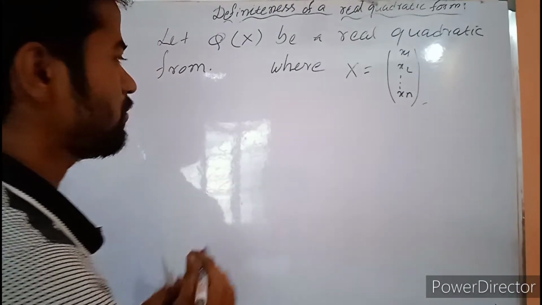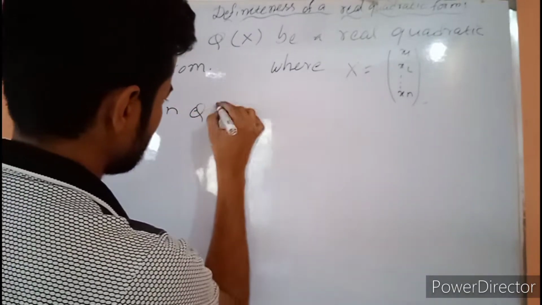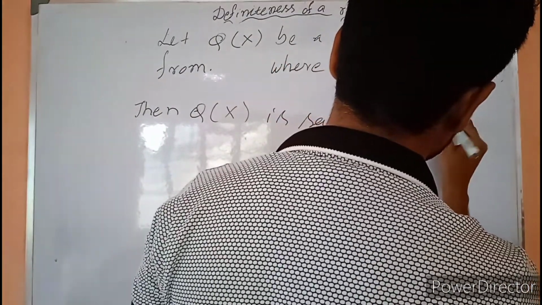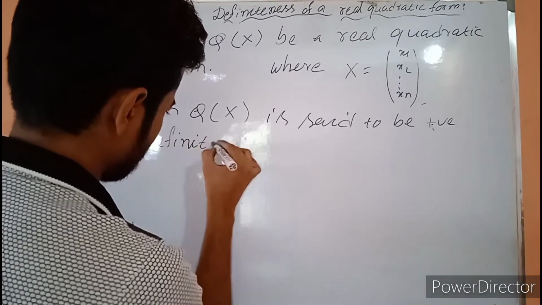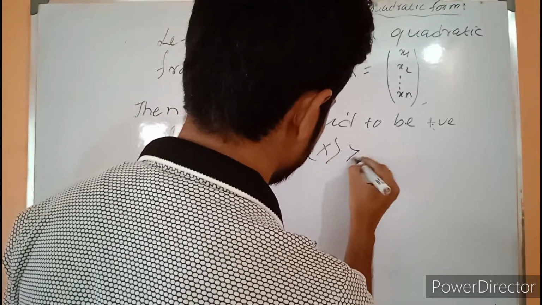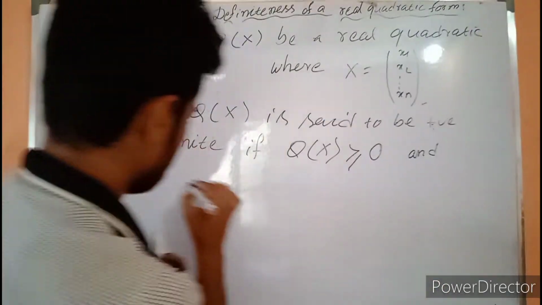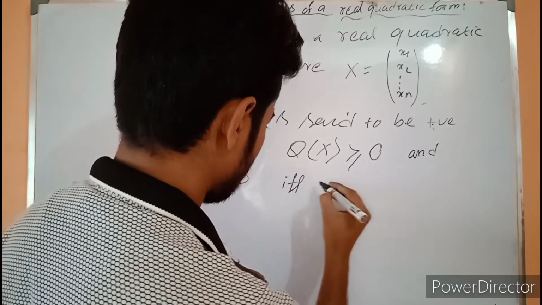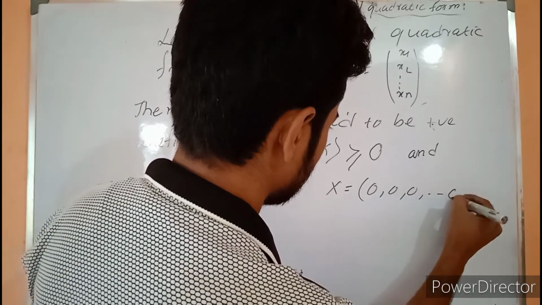Then the quadratic form Q(x) is said to be positive definite if Q(x) is greater than or equal to 0, and Q(x) is equal to 0 if x equals the zero vector (0, 0, ..., 0).